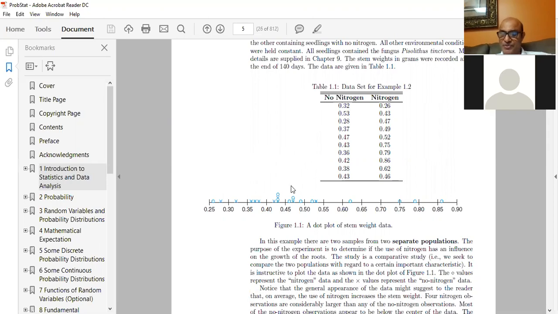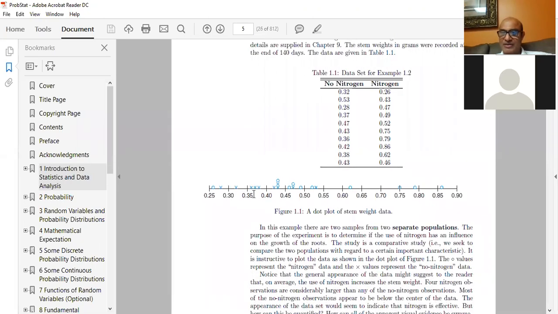As I told you, O values represent the nitrogen data and X values represent the no nitrogen data. Notice that the general appearance of the data might suggest to the reader that on average, the use of nitrogen increases the stem weight. So if nitrogen is used, then the stem weight is increased.